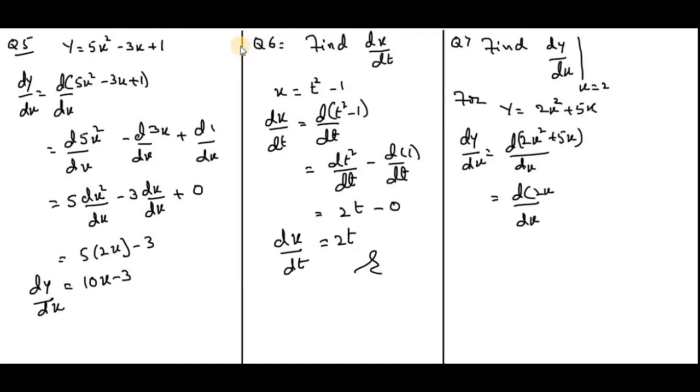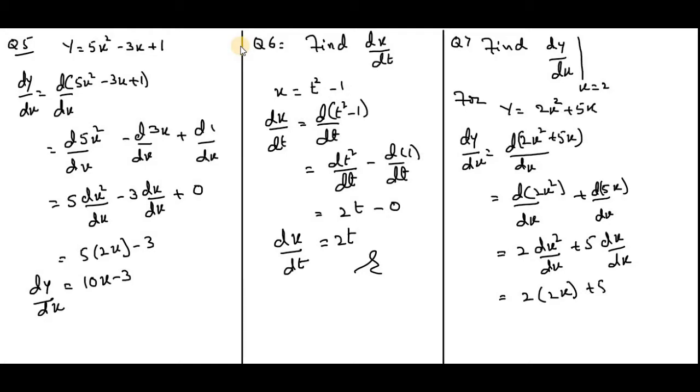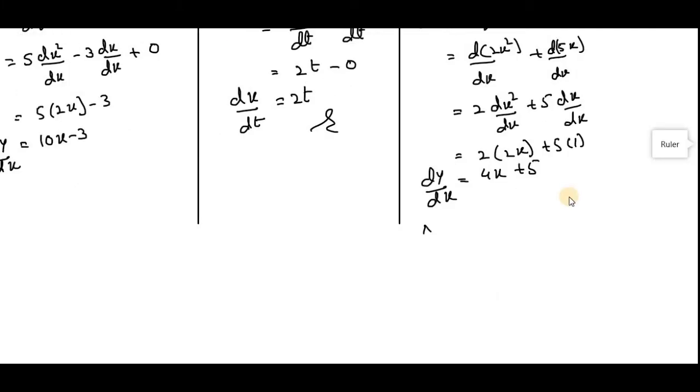Now we take the derivative: d by dx of 2x square plus d by dx of 5x. Now 2 d(x square) over dx plus 5 dx over dx. So 2 times 2x plus 5, that is 4x plus 5, is dy by dx.